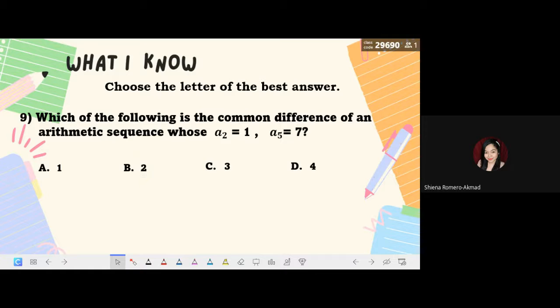Yes po. Ano kaya yung common difference nito? You can also always try. Yes, Mark.